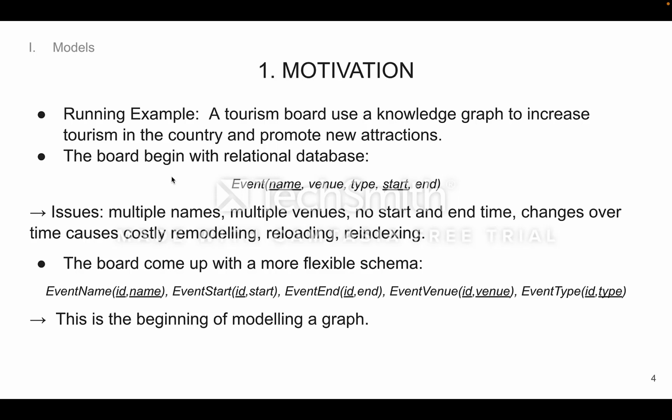And the board begins with the table event, and it has 5 columns, which are name, venue, type, start, and end time of the event. But along with this, the board is having some issues. What if an event has multiple names in different languages? What if it has multiple venues? And what if it has no start and end time because it is a future event?